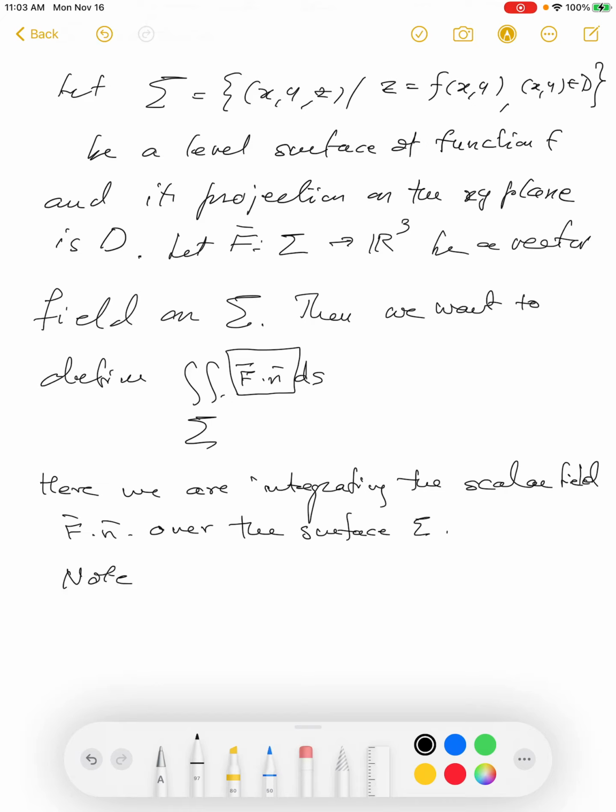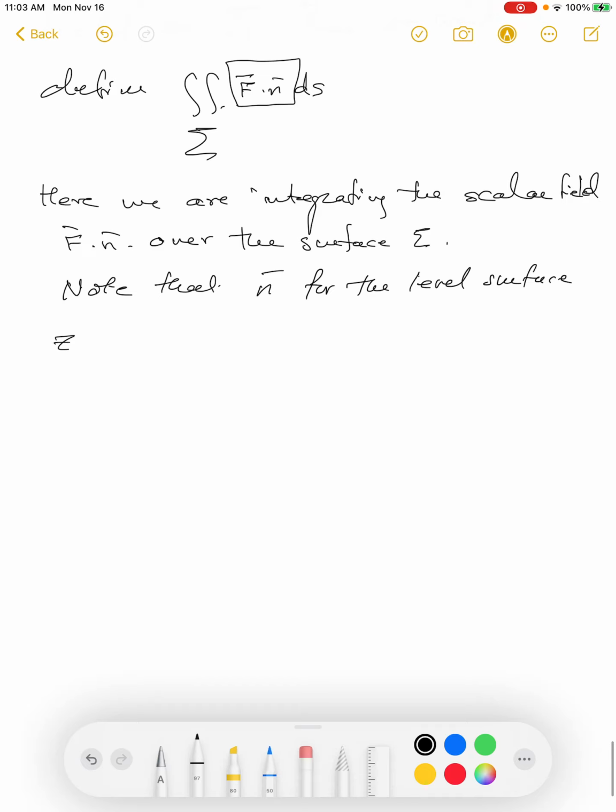So now note that the outer normal n bar for the level surface z equal to f of xy is given by minus fx, minus fy, 1. Because what is n bar?